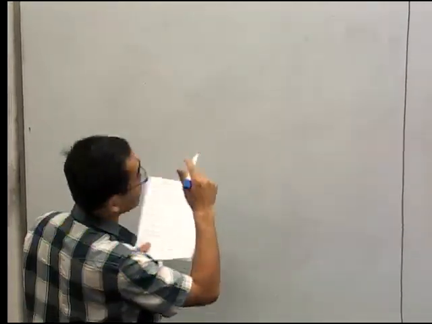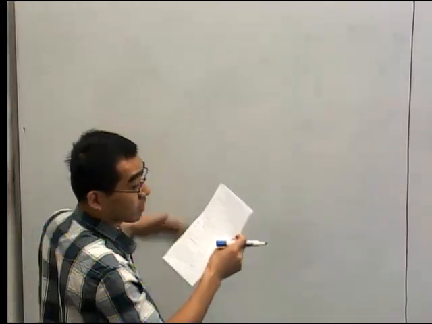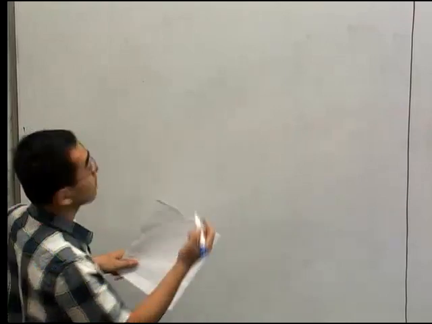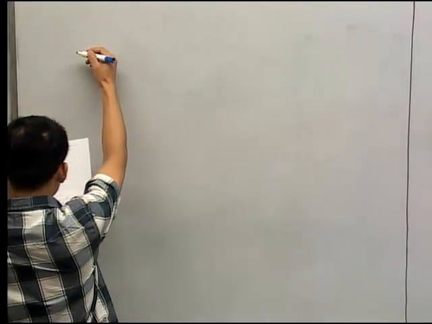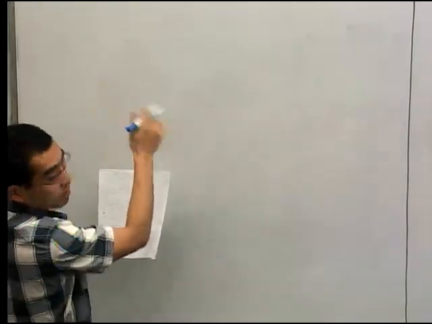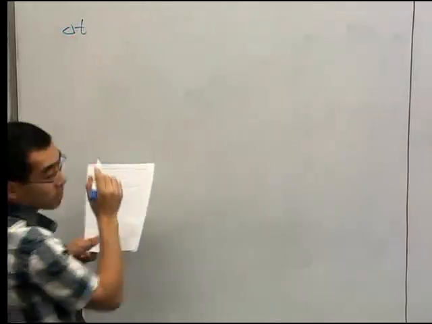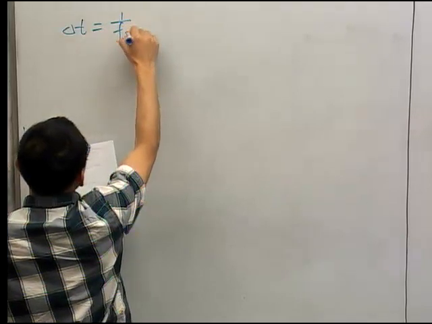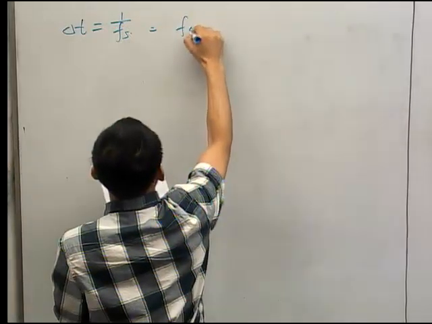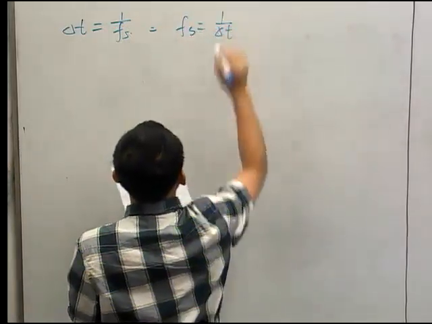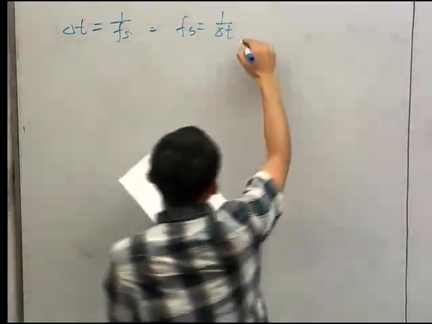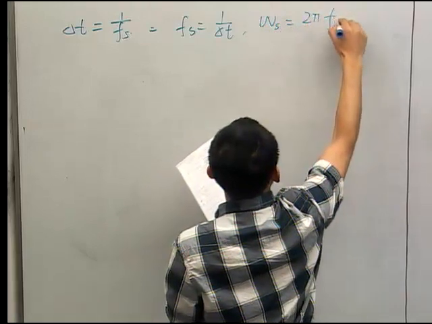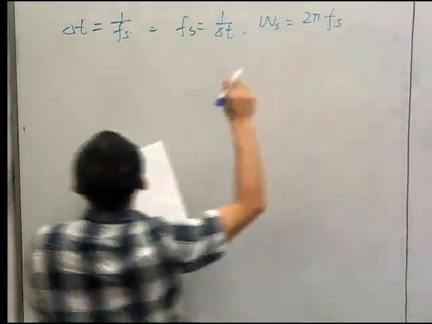The first thing is some very fundamental aspects of the Fourier transform. One thing is the sampling frequency. If the sampling period is delta t, then the sampling frequency is fs equal to 1 over delta t, or you may say omega s equal to 2 pi fs.